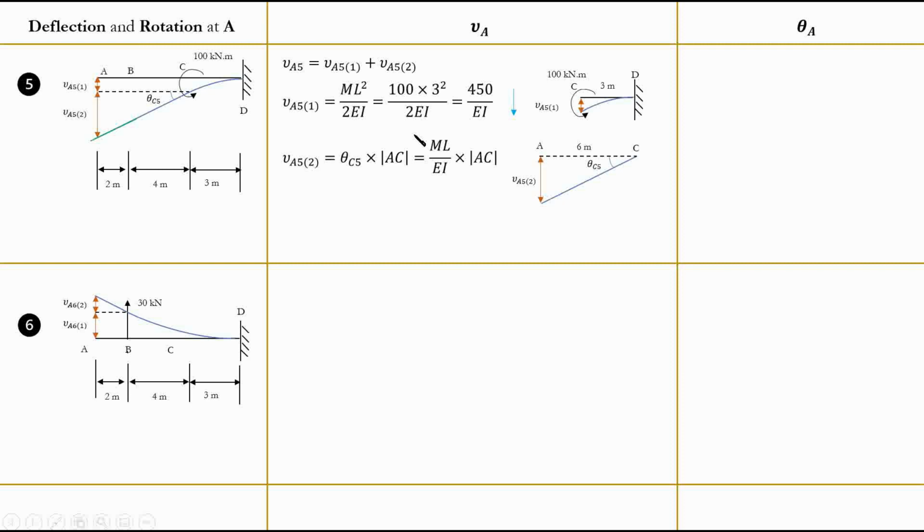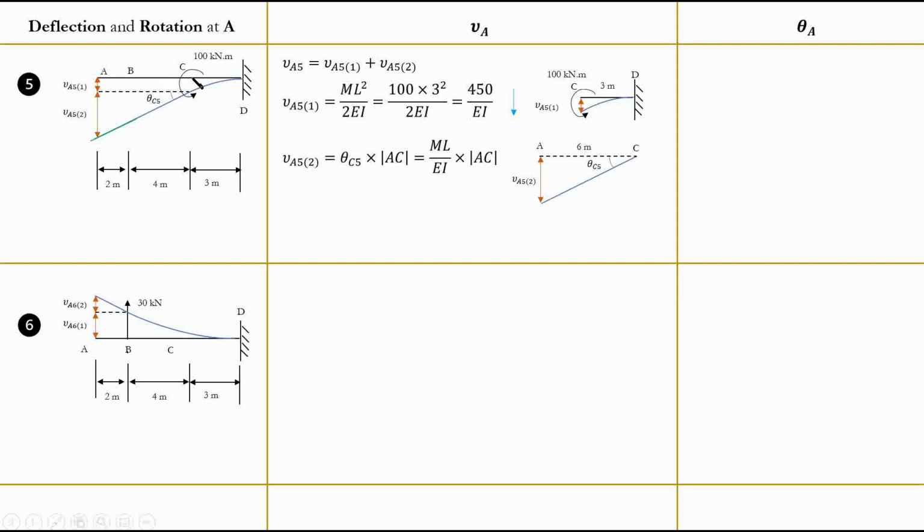Again, if you go to your table, you will see that ML over EI is your rotation value for the case you have here. And why am I using that value? As I mentioned, I'm looking for this rotation, theta C5. Where is this rotation?